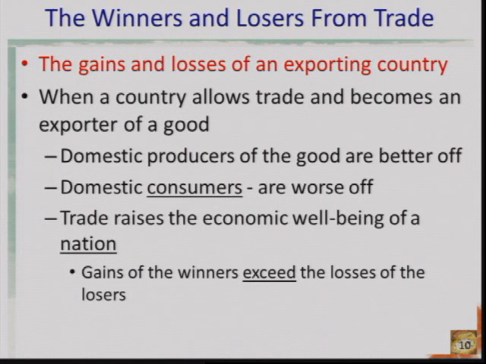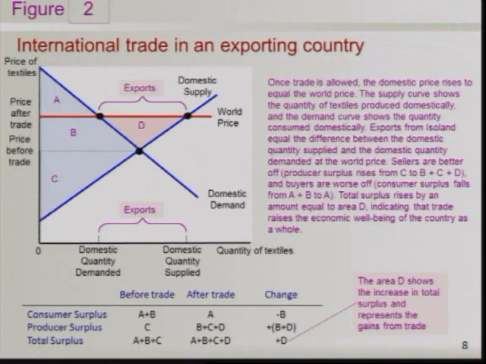Okay, so that's when we can make something cheaper than the rest of the world. When the domestic price is lower than the world price, to start off with. What is gains of the winners? In this case, the winners would be domestic producers, exceeding the losses of the losers. So let's come back over here.